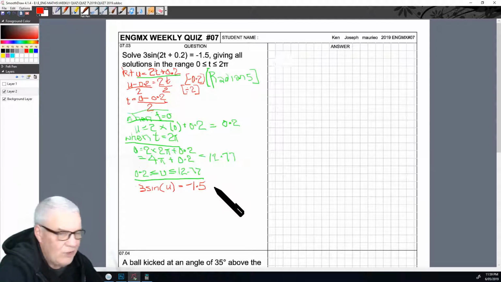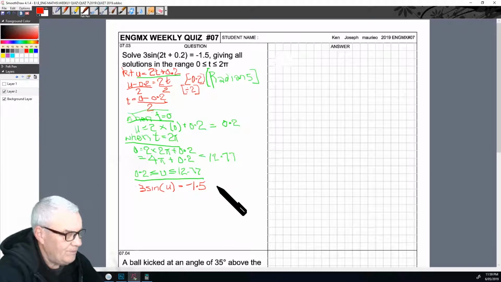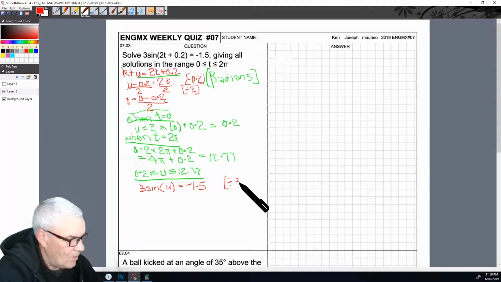And so then we can say, let's divide through by 3. Divide through by 3.